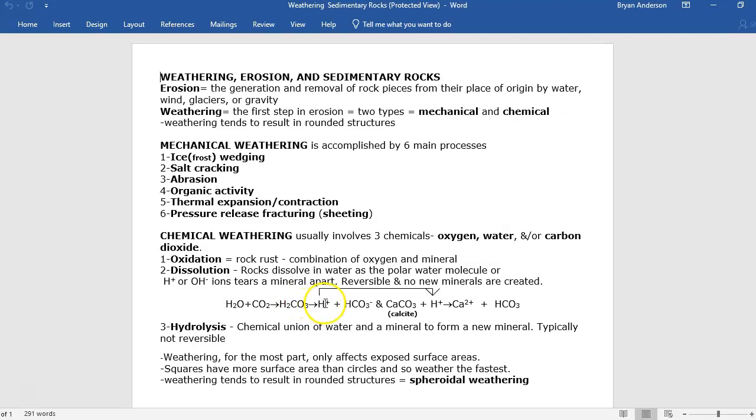The hydrogen ion breaks off of that molecule, leaves a bicarbonate molecule, but that hydrogen ion right there acts like an acid and works on this calcium carbonate, this calcite mineral, and breaks off the calcium, frees the calcium, creates a bicarbonate molecule. But really this is what we're emphasizing: the calcium is carried then in water and deposited on your bathroom fixtures when the water that's carrying it evaporates away.